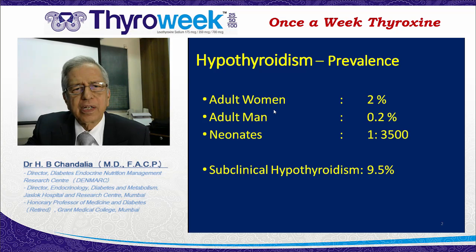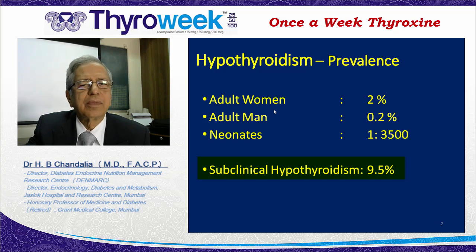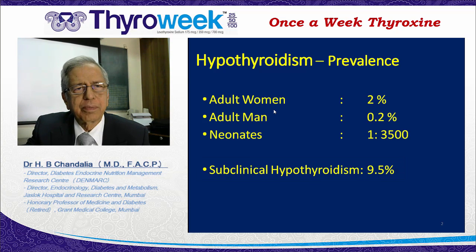The male to female ratio is almost 1 to 8 or 1 to 10. So in adult men, about 0.2%, and in neonates, 1 in 3,500. More important is to realize that subclinical hypothyroidism is even commoner, and almost about 9.5% of the population suffers from this particular problem.